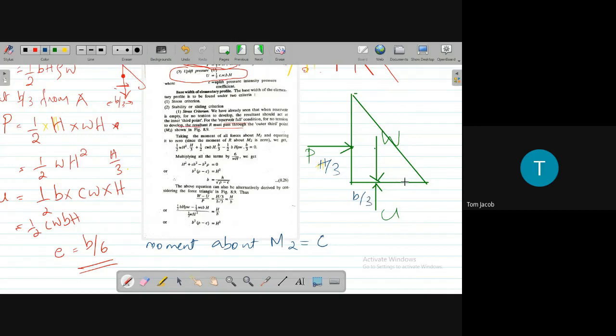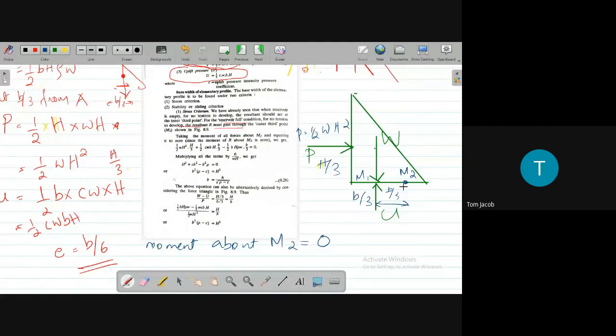Now we have to take moment about M2, and the forces are acting through M1, and this is also B by 3. So now when we take moment about M2 equal to 0, look here: first is the water force, P is equal to half into WH square, acting at H by 3.